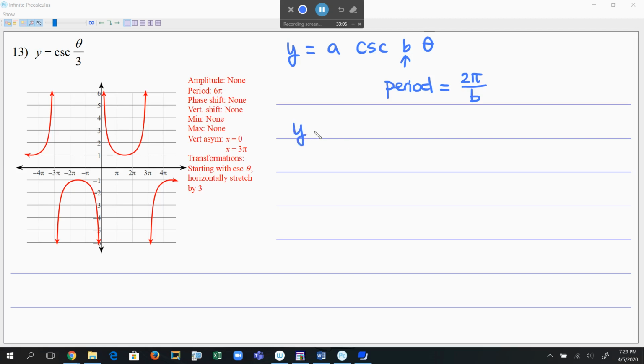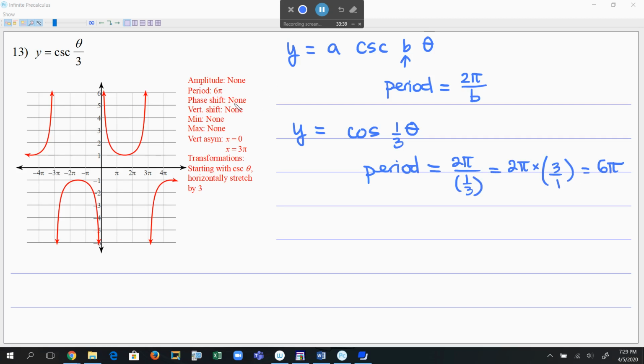So if I have y equals cosecant of 1/3 times theta, my b is 1/3. I'm going to go ahead and rewrite this as 1/3 here. So the period will be 2 pi divided by 1/3. Now, when we divide by a fraction, it's the same thing as multiplying by the reciprocal. So we multiply by 3/1, and that will give us 6 pi.